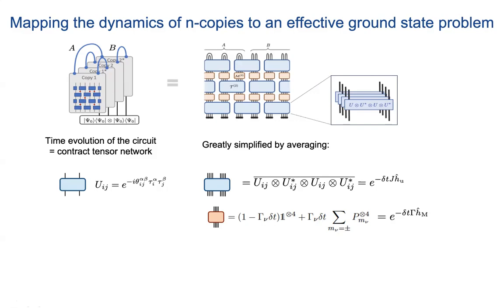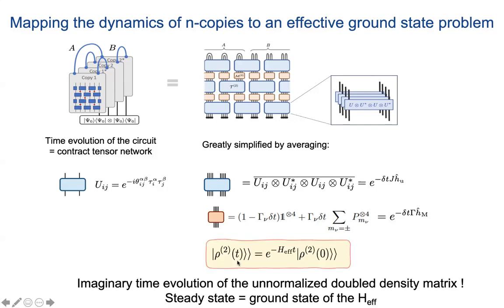And we can put these things together, and we basically have that the initial density matrix, which we can write as a state in this extended Hilbert space, in this quadrupled Hilbert space, is evolved by imaginary time evolution with an effective Hamiltonian that we can in principle write down, given a model, okay?